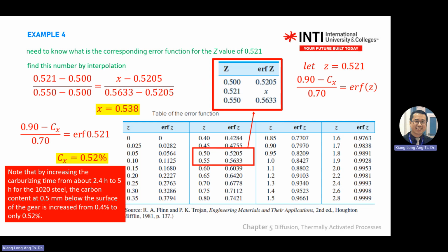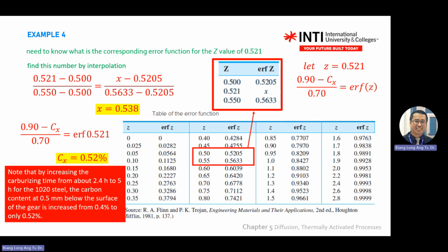So if you compare example 3 and example 4, maybe you forgot to change the time to seconds. If you compare example 3 and example 4, the carburization time goes from 2.4 hours to 5 hours for the same metals, and your carbon percentage at the same depth of 0.5 mm is increased from 0.4% to 0.52%.